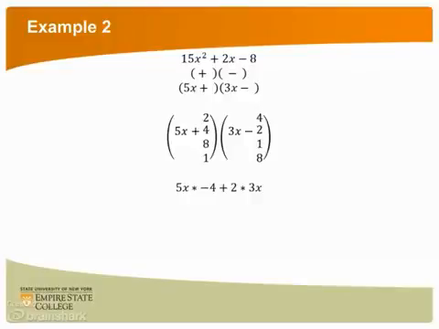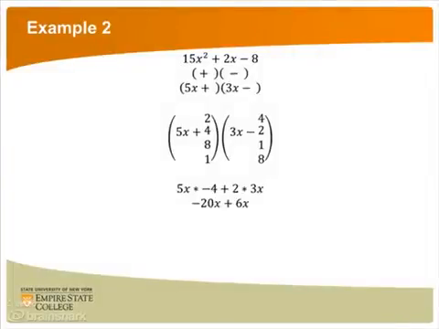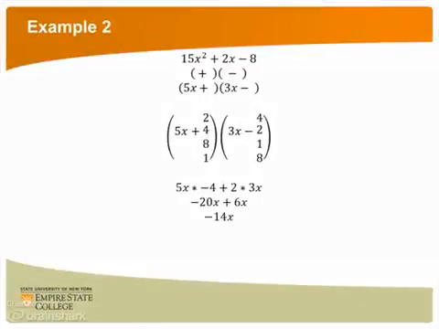First, we multiply 5x by negative 4 plus 3x times 2. This gives us negative 20x plus 6x, which is negative 14x. This is not correct at all, so we can eliminate this option. Now we try the next pairing. We have 5x times negative 2 plus 3x times 4.